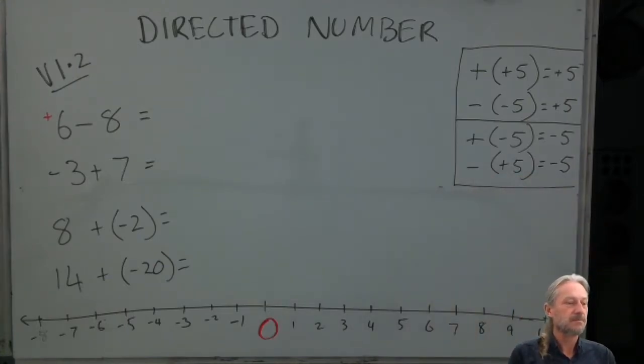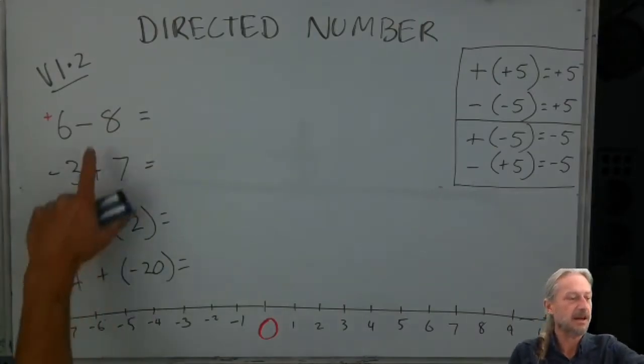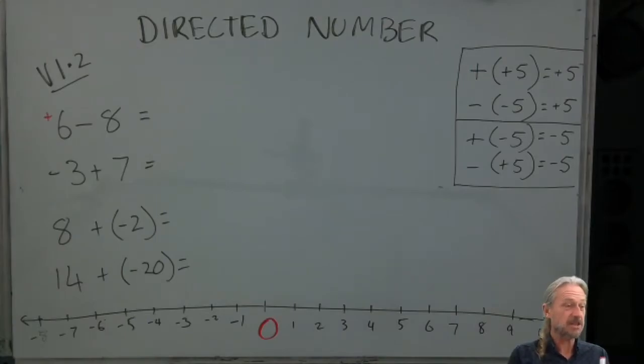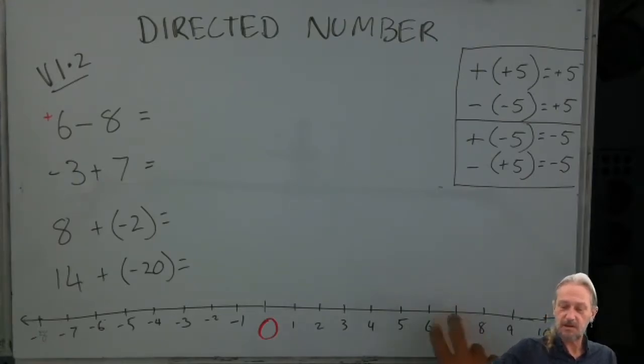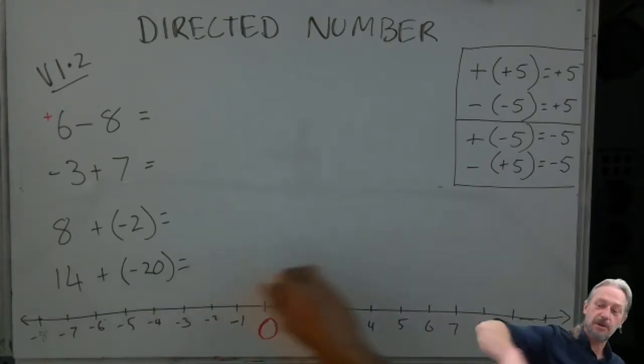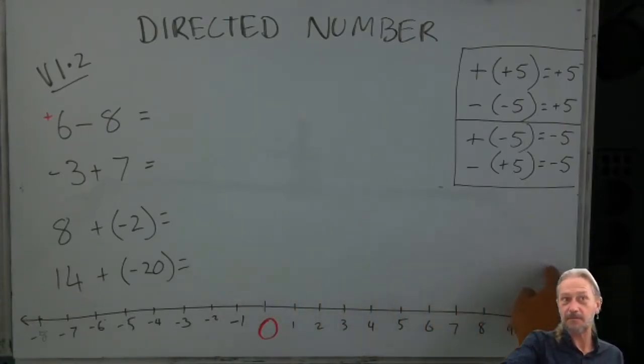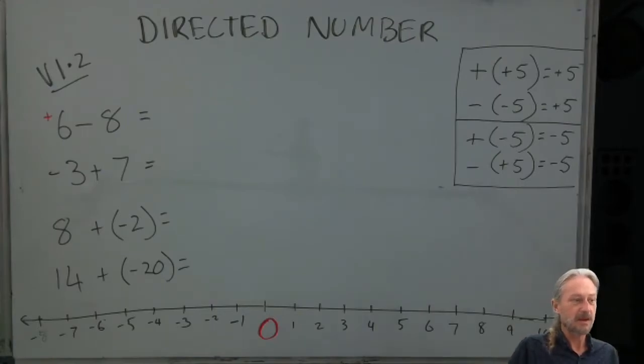So we won't attach a sign to the 8 for now. But essentially what we do is we start at 6. Because we're subtracting, I like to think of standing on the line and walking up and down. So I'm either walking this way or that way.